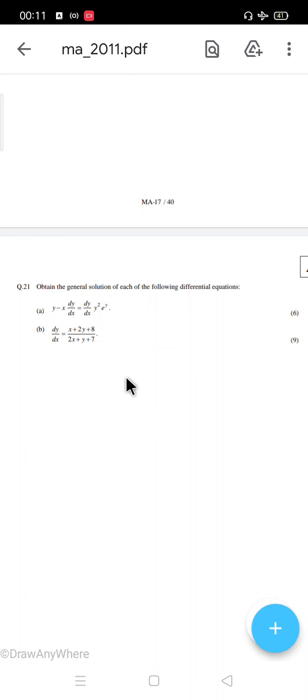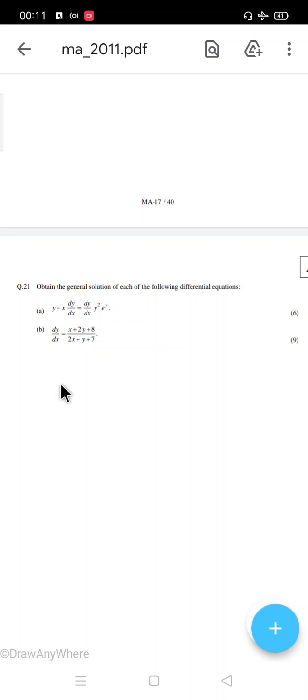Obtain the general solution of the differential equation y minus x dy by dx equals dy by dx y square e raised to y. It is better to make everything in dx by dy.